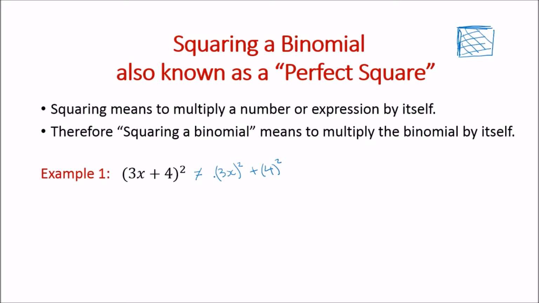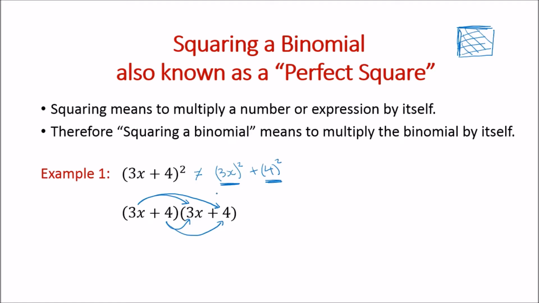The reason for this is that when we do expand that binomial, it really looks something like this, which means yes, we do multiply 3x by itself, just as we did up here, but we also have to multiply 3x by 4. And we need to multiply 4 by 3x, and then we do have that 4 squared on the end.